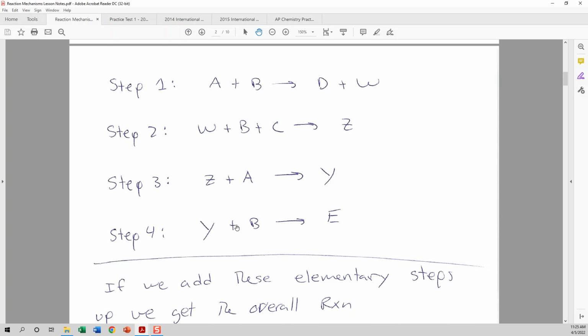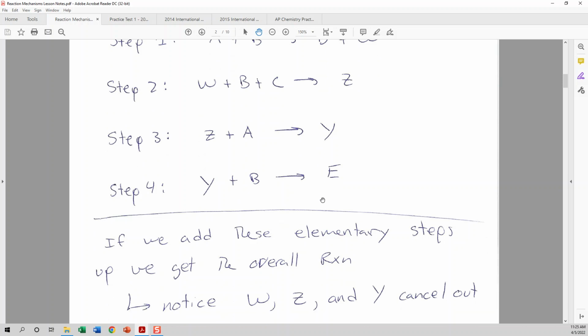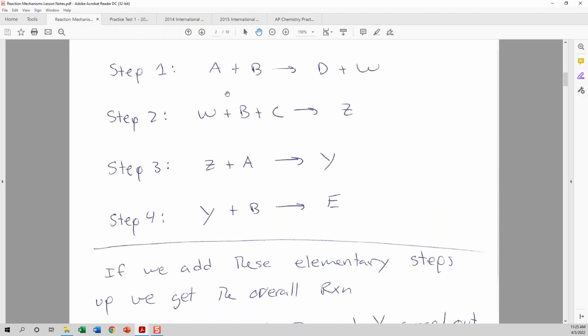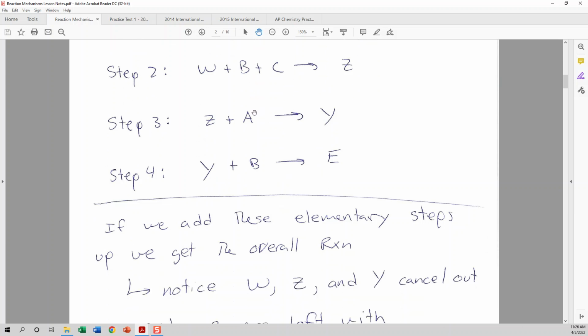So this is showing the collisions, right? So this is an elementary step, that's an elementary step, that's an elementary step, that's an elementary step. And if you add them all up, you get the overall reaction, okay? So that's our reaction mechanism. It's showing the collisions that have to occur for the overall reaction to take place.